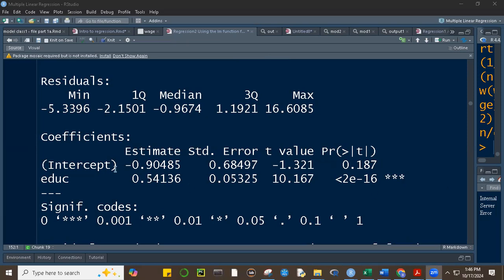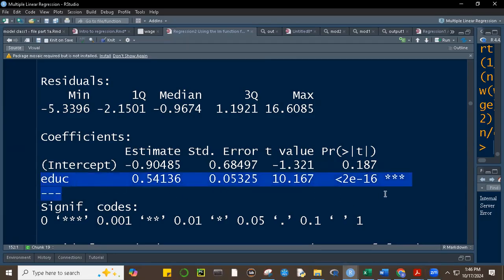Now, I said a while ago, for the intercept, even if it's not statistically significant, it's okay to put it there in your formula. However, if your independent variable is not significant, then we don't put that as part of the model. So if I divide 0.54 by 0.05, I'm going to get this one, 10.167.